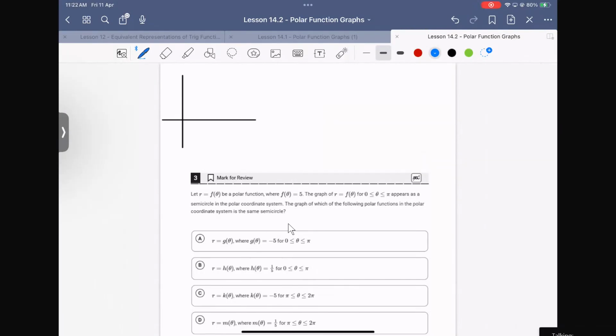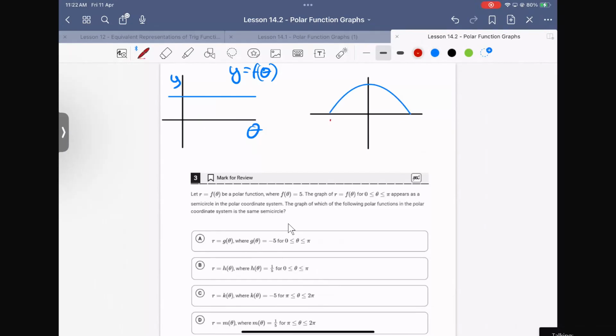If we sketch the function y equals f of theta, this is theta, this is y, we're going to get a horizontal line like this. So sketching the polar graph, we've got a radius which is always 5, from 0 to pi, and we'll get a semicircle like this.